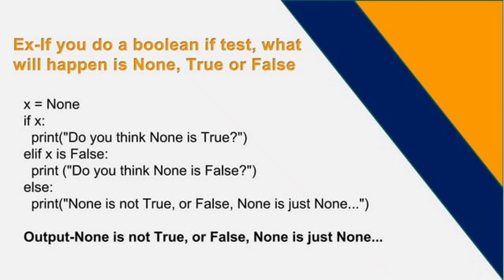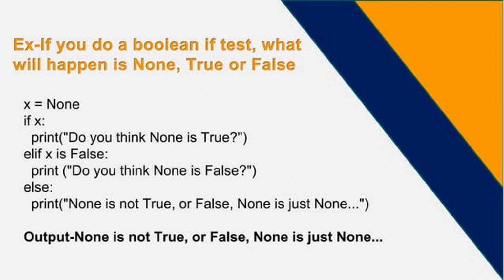Next one, see the example. There x equal to none. We are assigning none to a variable x. Next, if x, this checks if x is true or not.